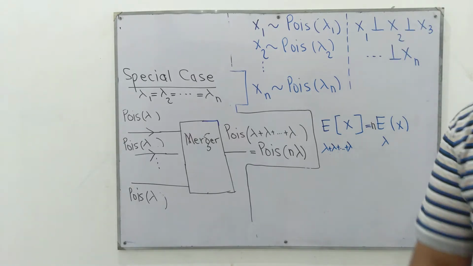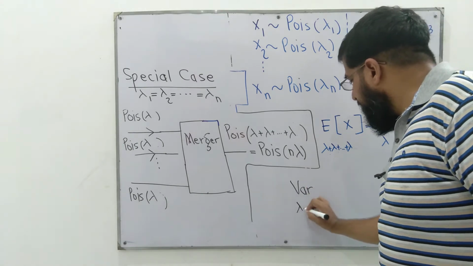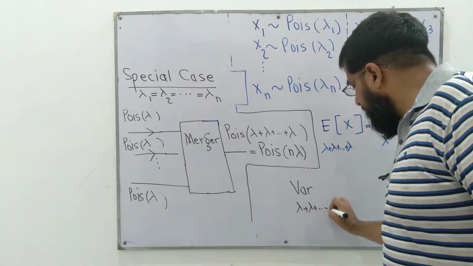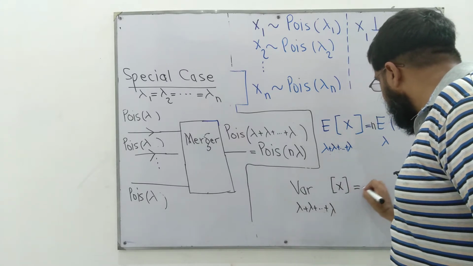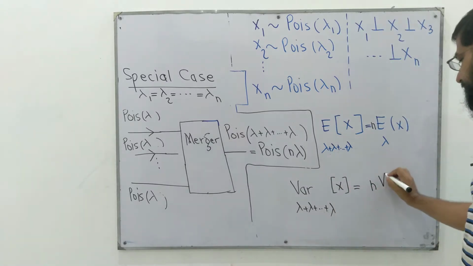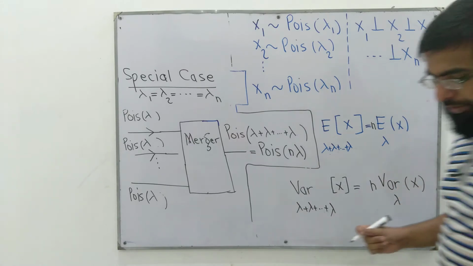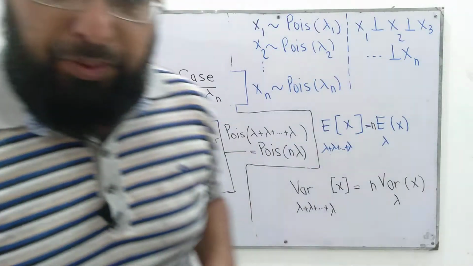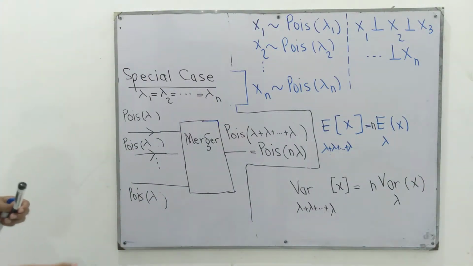And the variance of x would also be n times the variance of any of the n processes. Right.